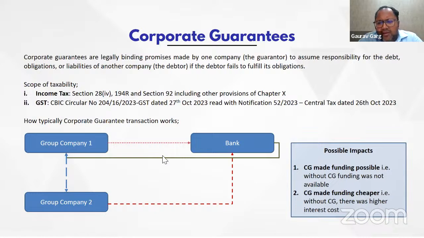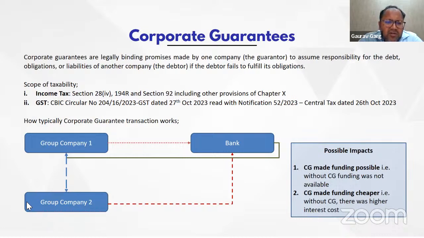The other impact could be that the bank is ready to give the loan, let's assume at the rate of 15%, because of the particular credit rating of group company number 1.